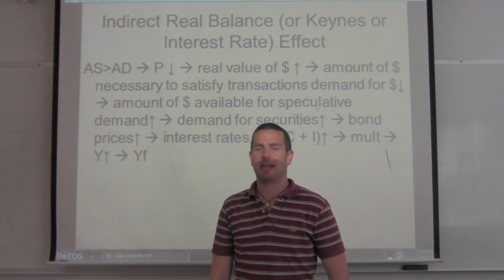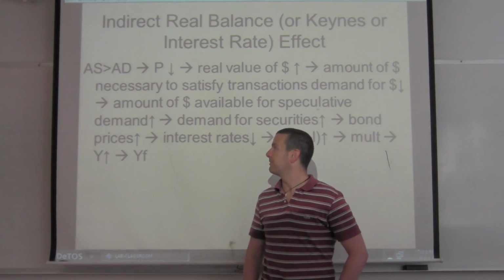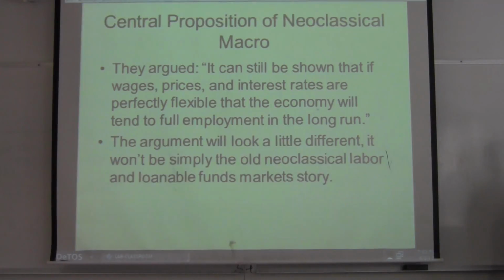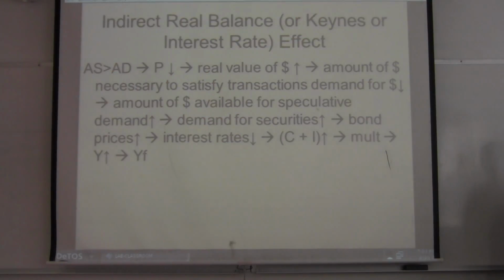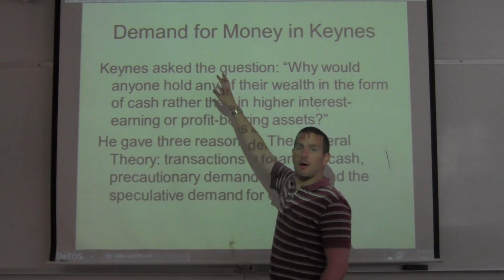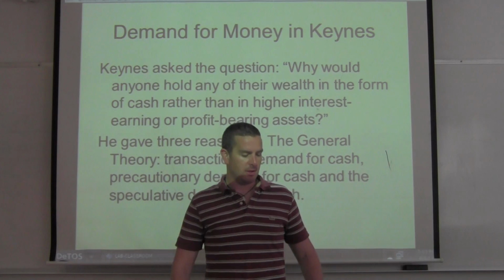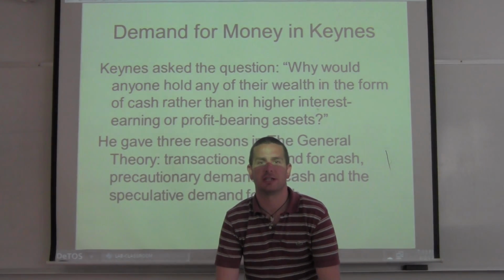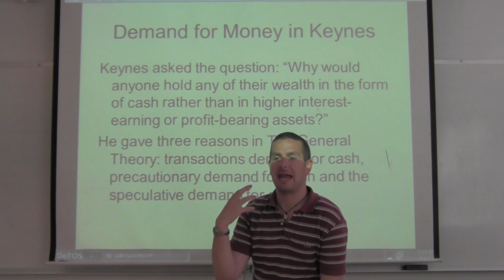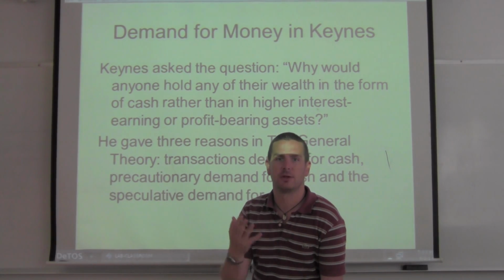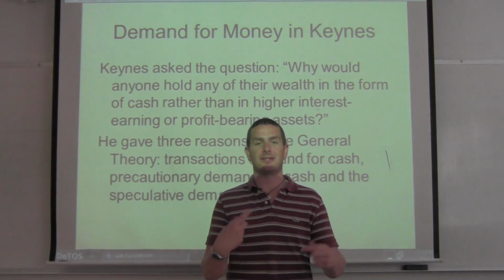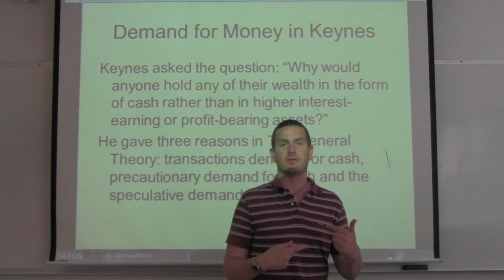In order to talk about the Keynes effect, we need to go through one thing first, which is the demand for money. We need to talk about money demand. Money demand is essentially how much of your income, for example your paycheck, you want to turn into money. How much do you want to convert into money?